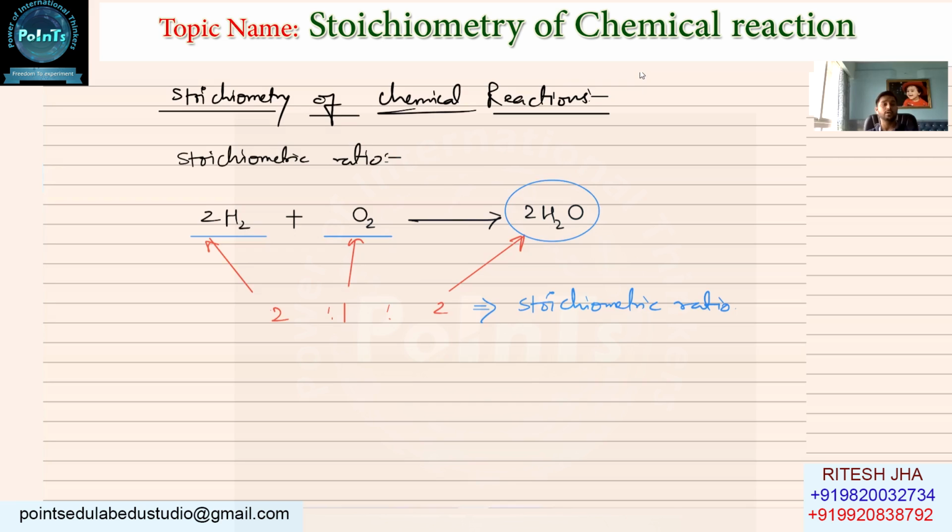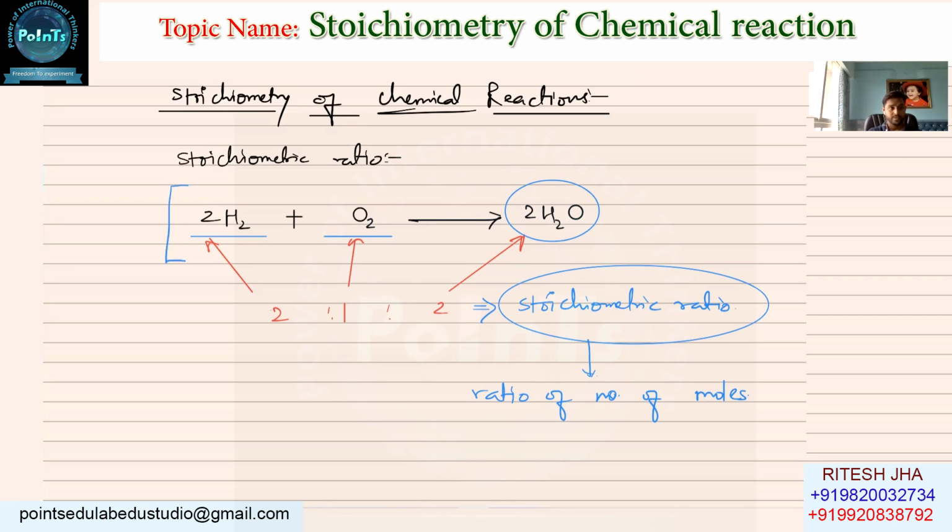This stoichiometric ratio is the most important part of this topic. It is the ratio of number of moles which you determine from the coefficients in the balanced chemical equation.